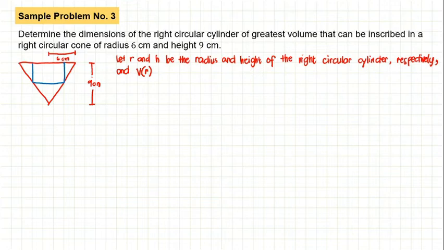Okay? So in that case, since ang function natin should have one variable only, so we will write the height h in terms of the radius r. Okay? V of r be the volume of the right circular cylinder.